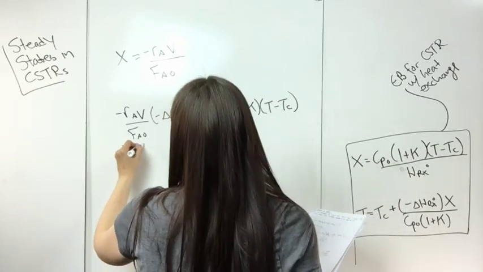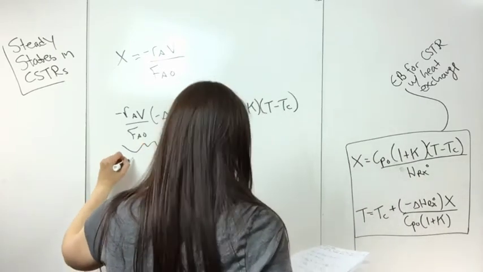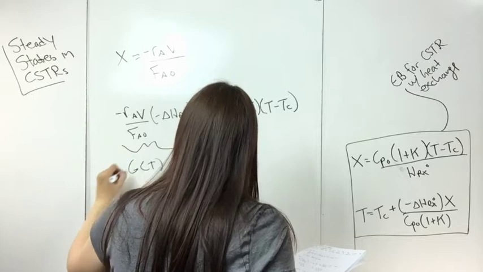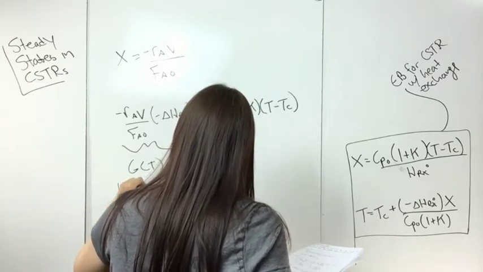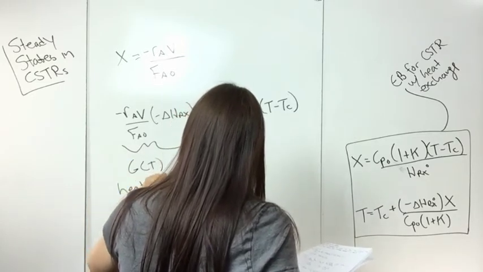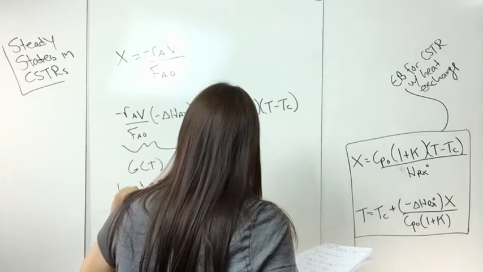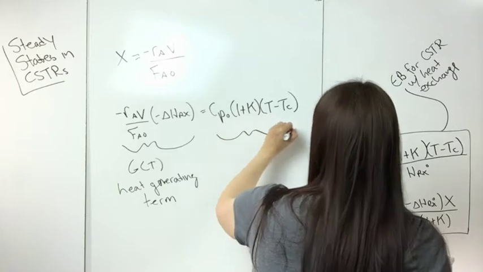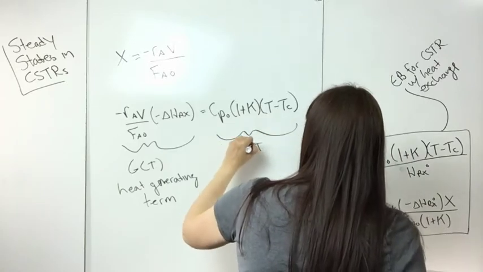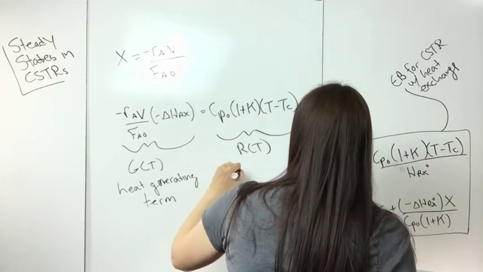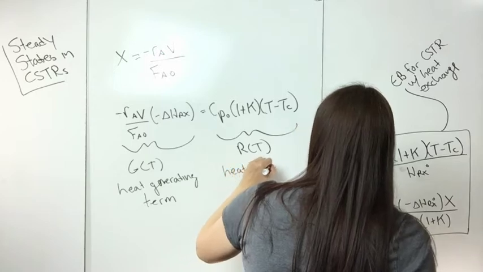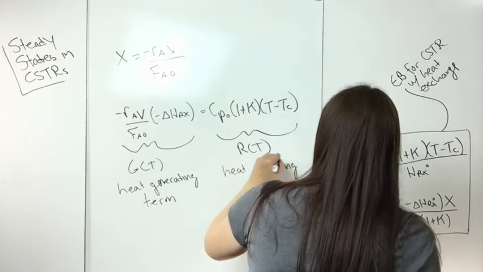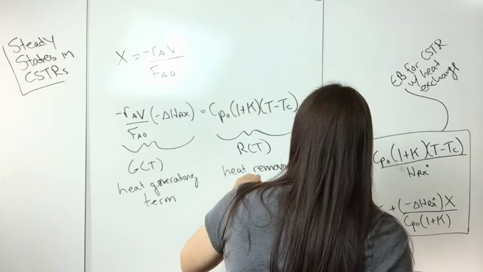So then this equation is known as G of T, or the heat generating term. And this is R of T, or the heat removing term.